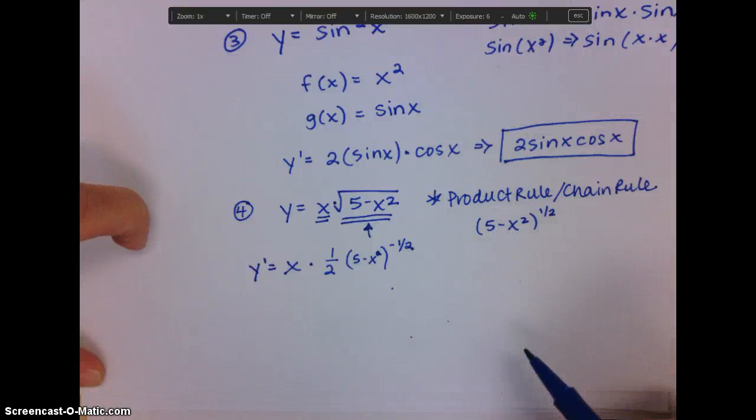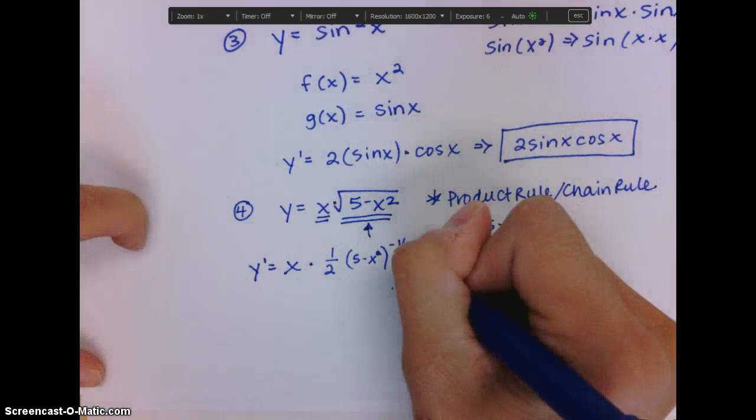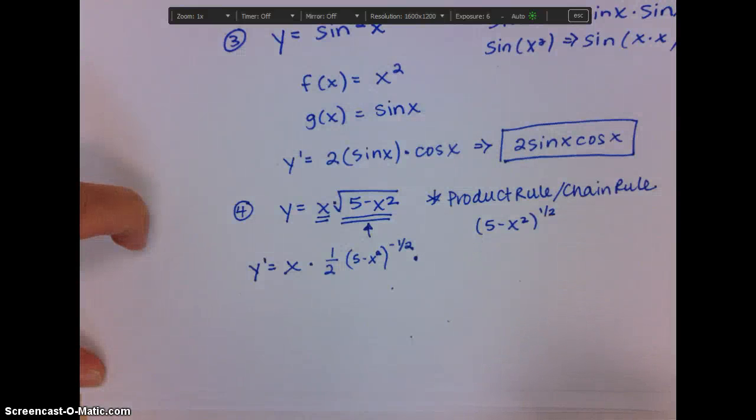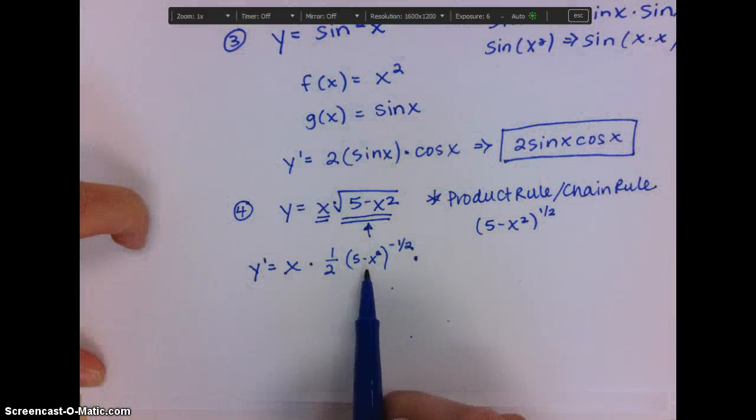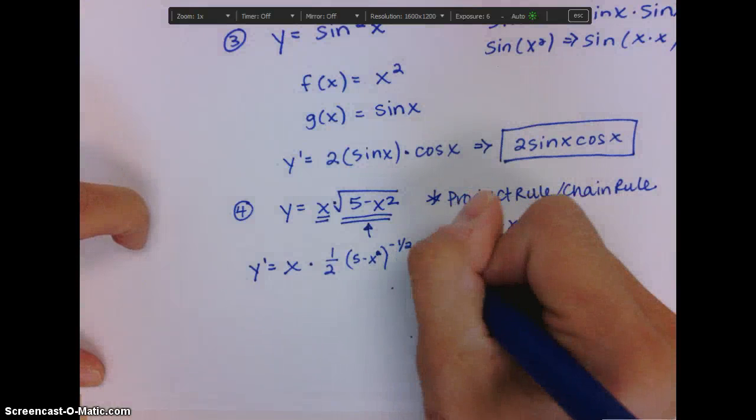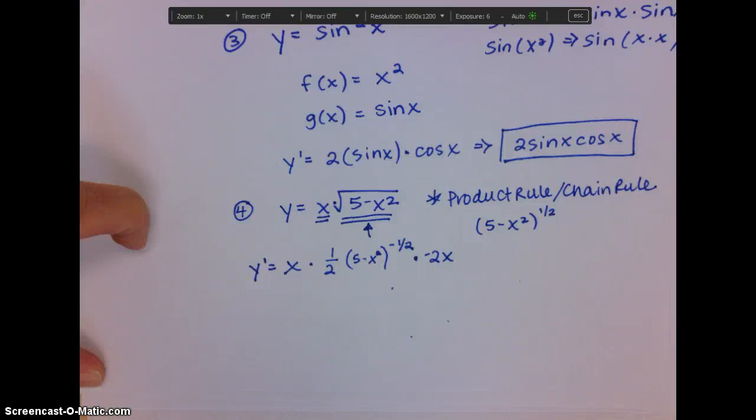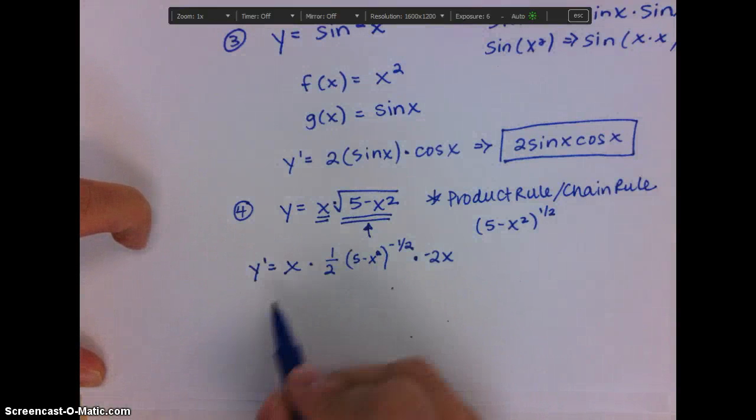But I'm not done, because here's where the chain rule comes into play. I did my power rule of the outer function. Now I also need to multiply it by the derivative of the inner function. The derivative of 5 is 0. Negative x squared requires the power rule again, so that's going to be negative 2x. So let's just remind ourselves where we are in terms of the product rule.